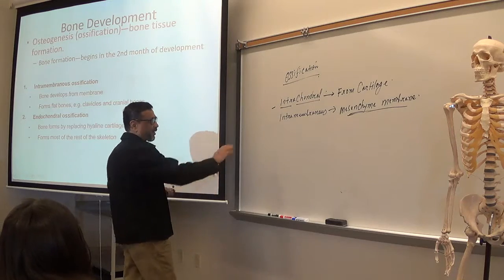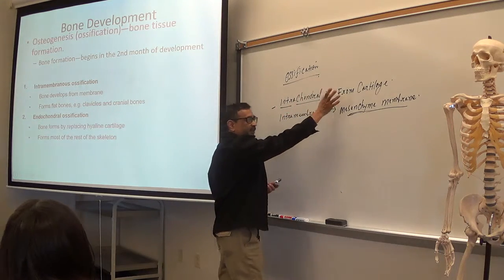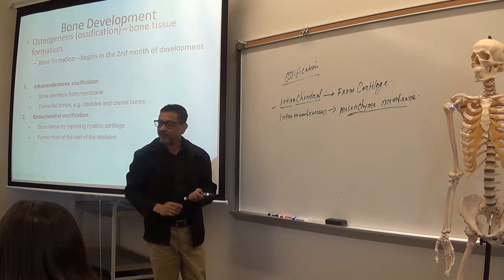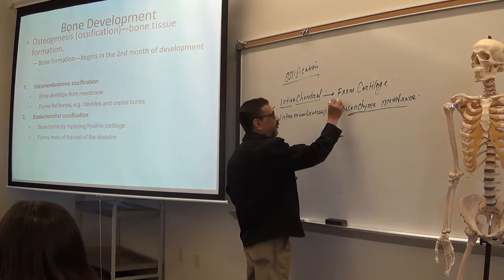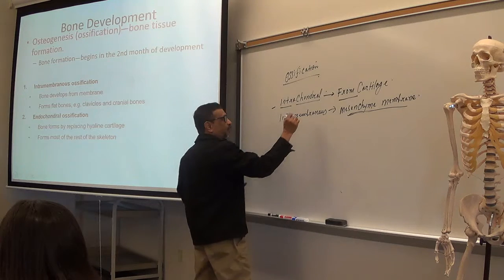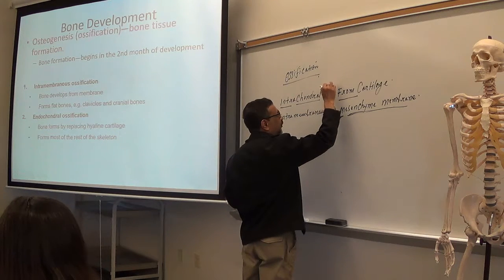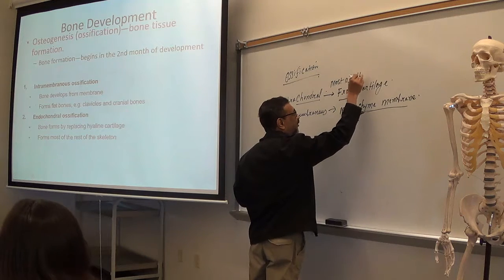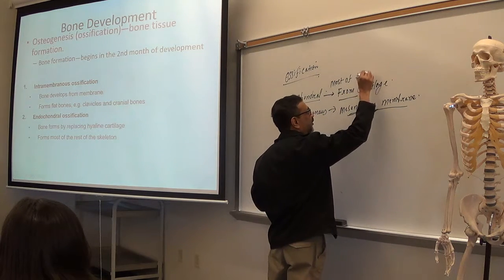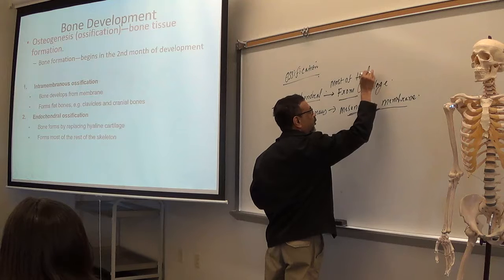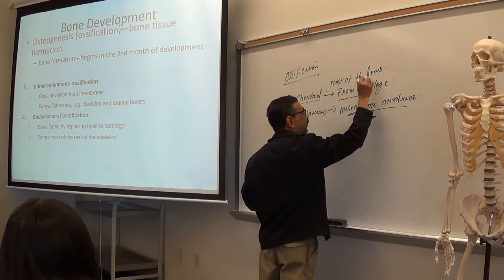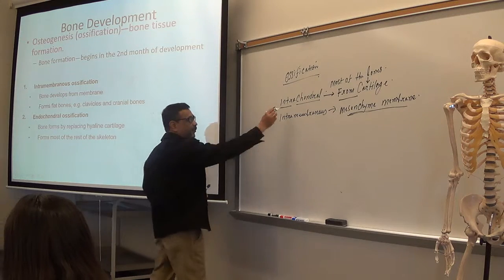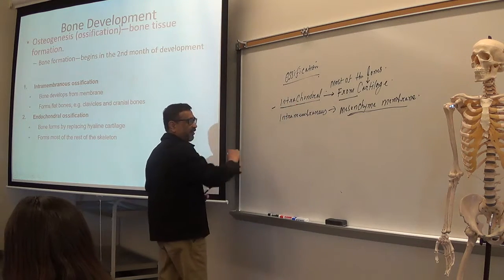Now, first I'll talk about endochondral ossification, how the bones come from the cartilage. Most of the bones of your body come from cartilage, that means by intrachondral ossification.